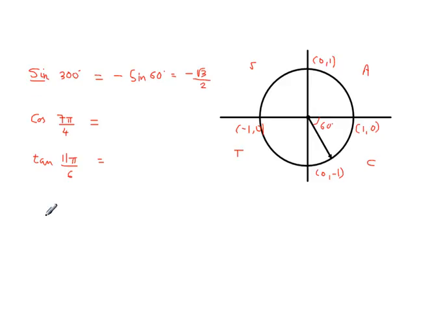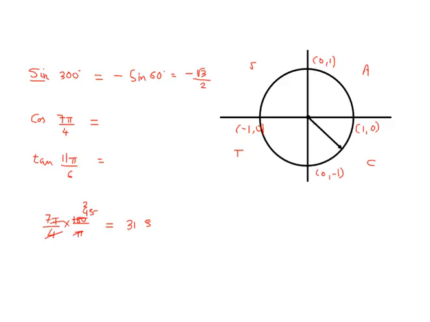Cos of 7 pi by 4, you multiply by 180 by pi. So this is 45, 315. So if you're looking at 315, then accordingly this angle changes. So this whole angle is 315, and it goes further slightly.